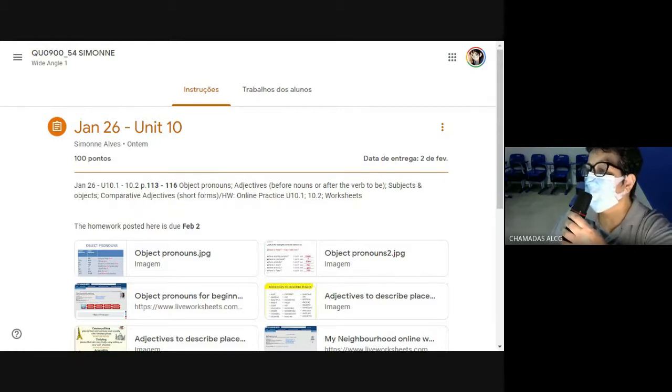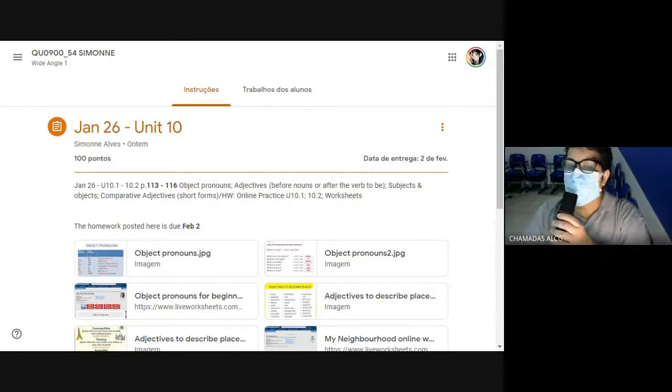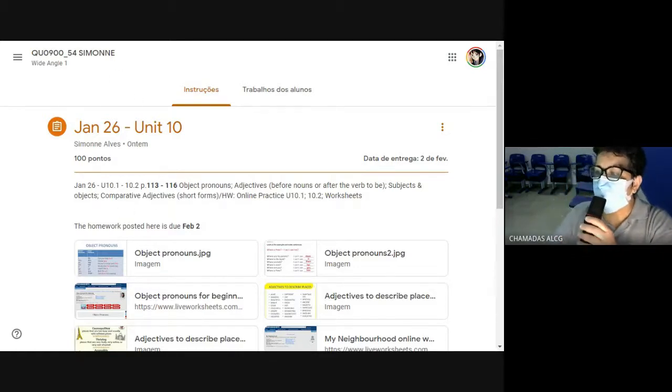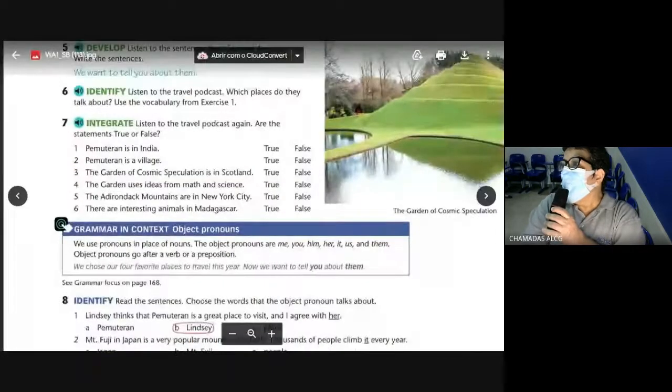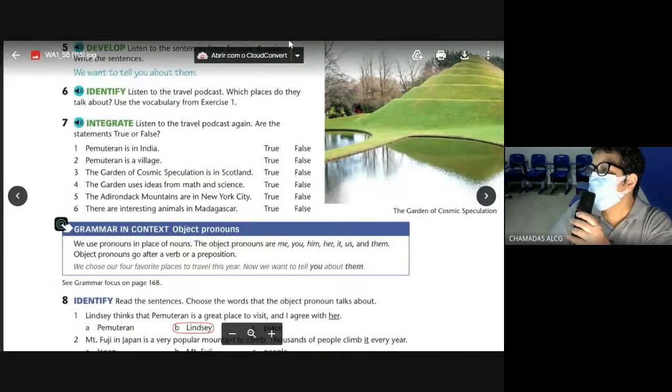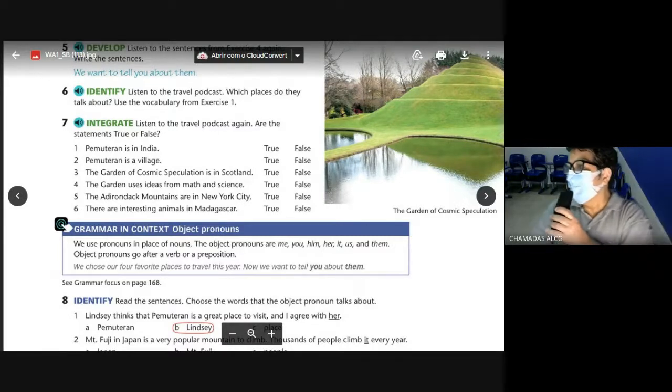That's okay. So if you have your books, open your books to page 113. Let's go there. All right. Can you see it, people? Is it visible for you?